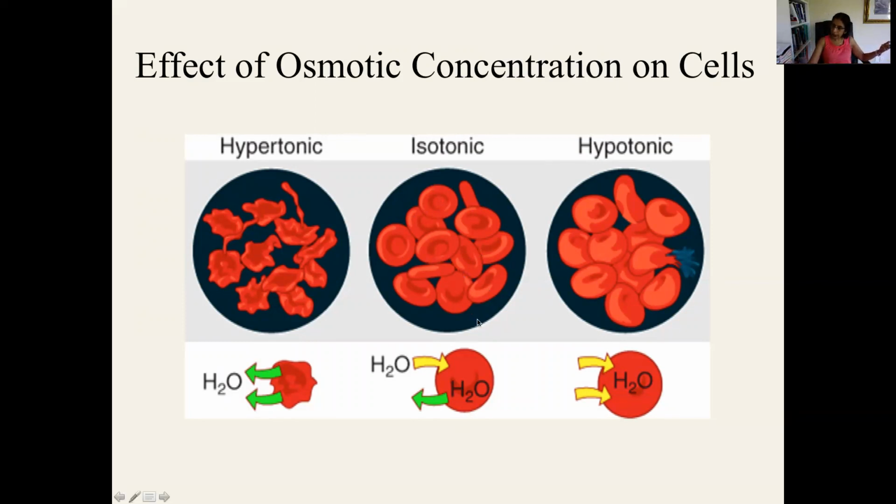That's the concentration outside the cell. That's when you define that as isotonic. Same concentration inside the cell as well as outside the cell. Net movement is going to be zero. Water going in, water coming out. So it's kind of no gain, no loss type of situation. Cells are going to do well in this condition.